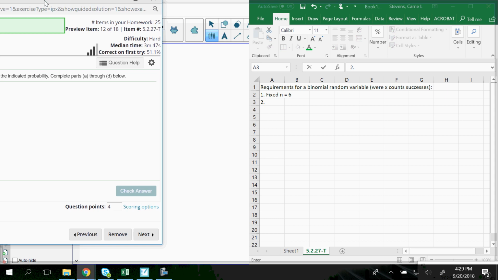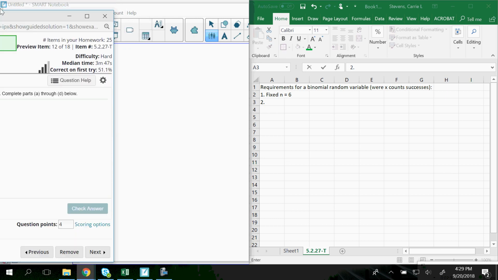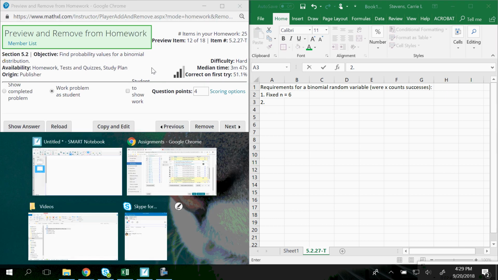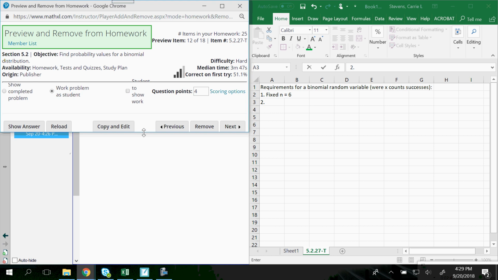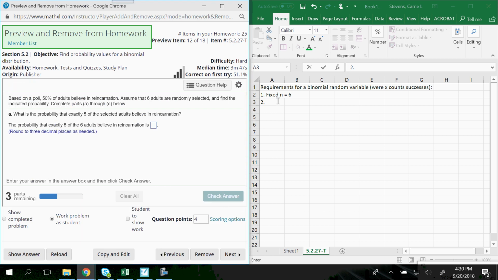Okay, so then we do seem to have only 2 possible outcomes, which would simplify to only 2 outcomes per trial, yes or no, when they say they believe in reincarnation or they don't.